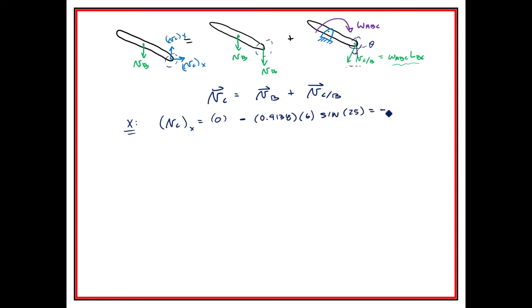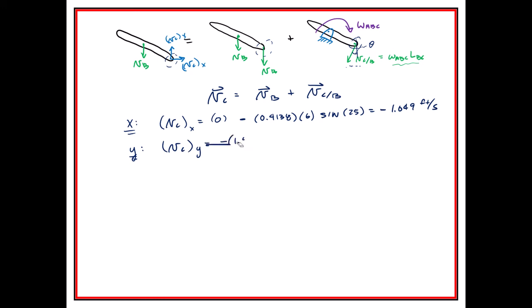We find that it ends up being negative 1.049 feet per second, which is of course what we got in the vector math part.